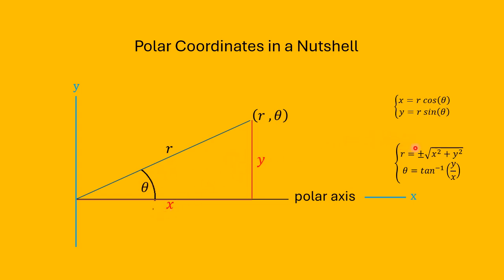Now coming back to this plus or minus here, we mentioned earlier that r can be a positive number or a negative number. So in the situation that you're looking at, you have to figure out what polar coordinates you're using for the point x, y, and choose the sign correctly.